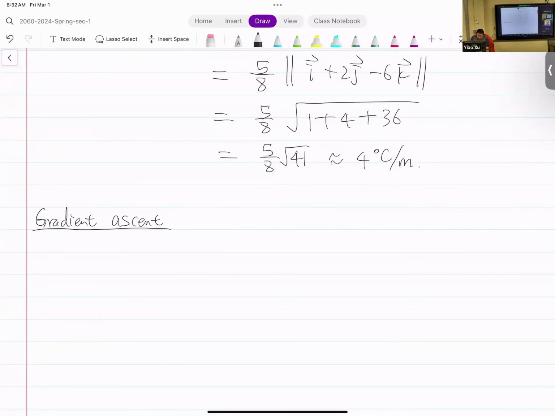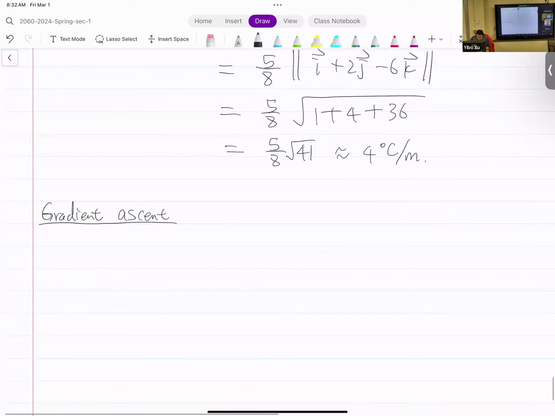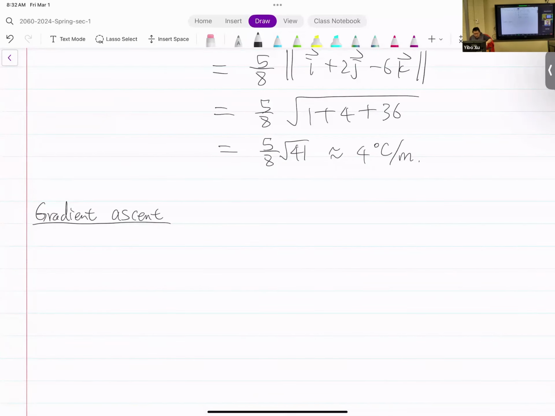Okay, so basically this algorithm is just saying, calculate the gradient, go along that direction for a small step size, and then you're at the next point, and then you calculate the gradient at this next point, and then you go along the direction of that slightly. So this is like an iterative method. Okay.